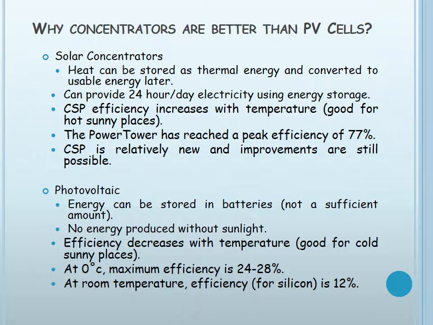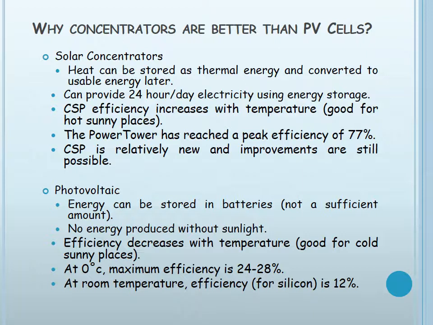Efficiency increases with temperature, and it's pretty good for hot sunny places like Nevada, Mexico, Brazil. So these are a few places where this can work really well. Then we have the power tower, which is rated at a peak efficiency of 77%, which is pretty high. It's relatively new, and improvements are still possible, as we said before.